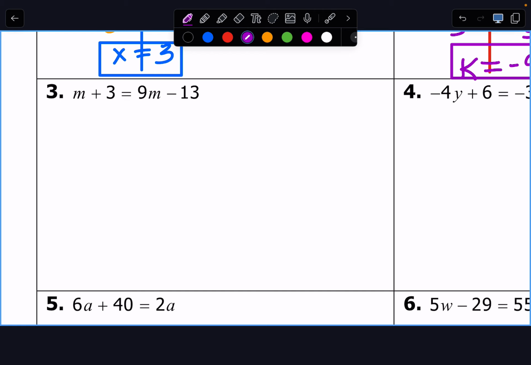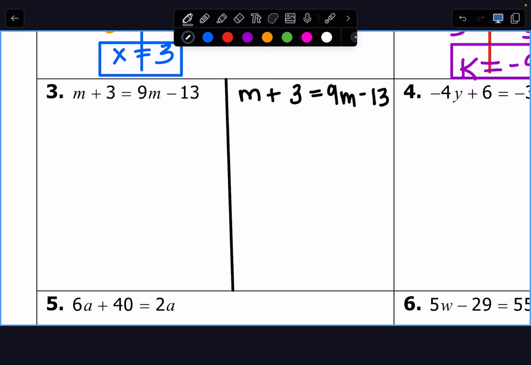So if you minus m, okay, so I'm going to do this problem 2 different ways. I'm going to give you about another minute to finish up.